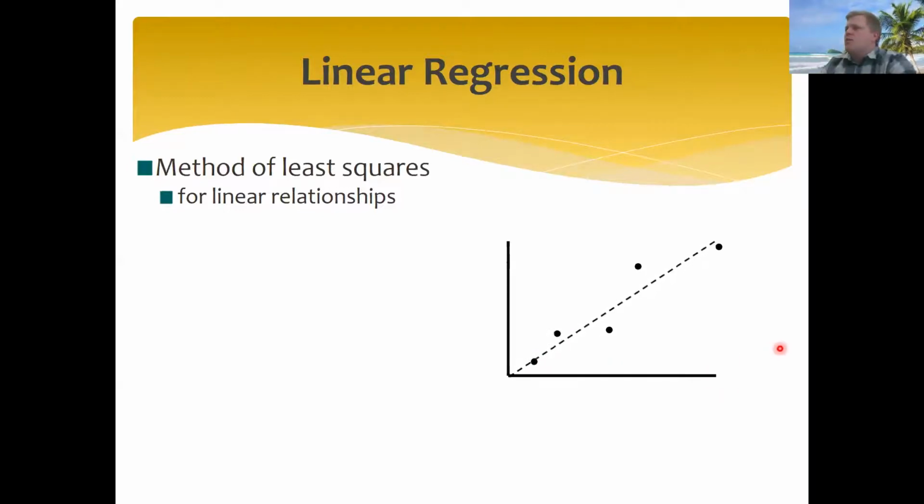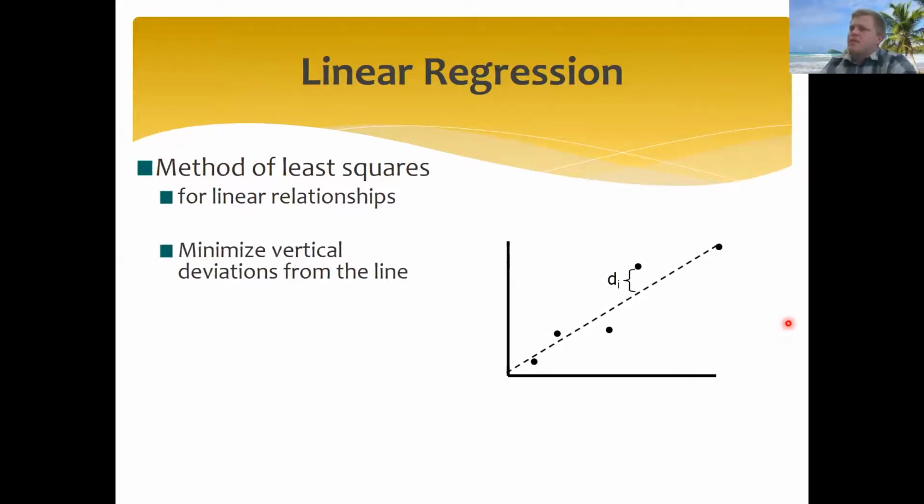Well, really what we try and do is we try and minimize the vertical distance between each of these points and the line. And really what we do is we measure the distance here, and then we square it, and we add that all up. Then we wiggle the line a little bit, and we measure the distances again. We square them and add them all up and say, did that value get bigger or smaller? And really we want to keep doing that until all those values minimize.